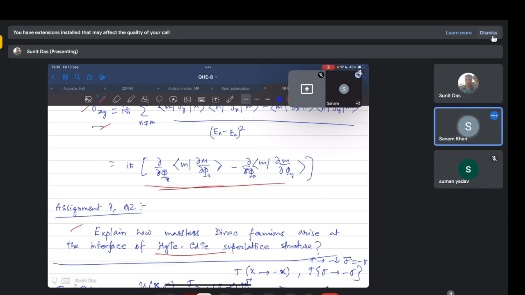Can I ask one small question? Sure. In general, if I want to understand why one has to go to the symmetric gauge for the fractional quantum Hall effect, what should the answer be? No, I actually do not have any clear answer to this, seriously.